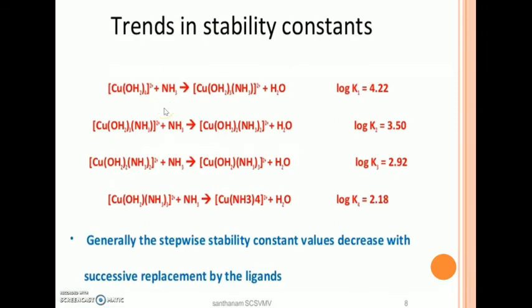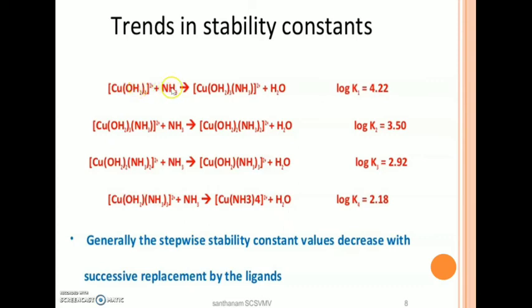Let us take an example: [Cu(H2O)4]2+. Here the NH3 ligand replaces each water molecule in each step.